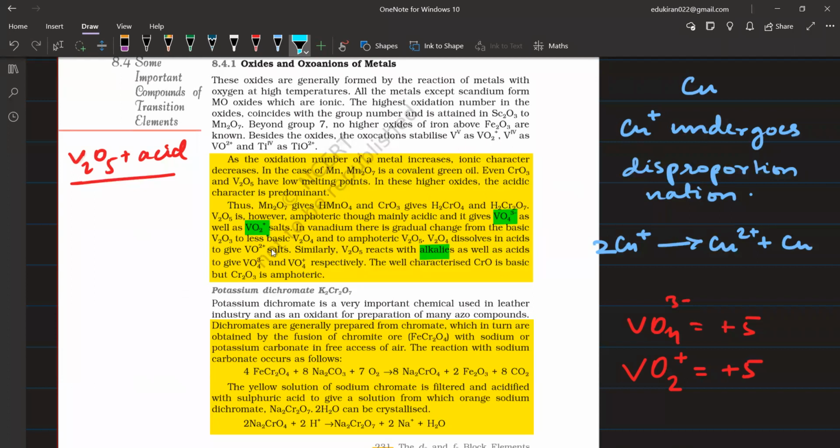VO2 positive and VO4 positive. इसके पास oxidation state तो +5 है यहाँ पे. Here also it is +5. आप ये लिख लीजिए.